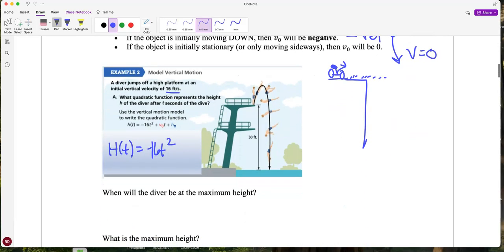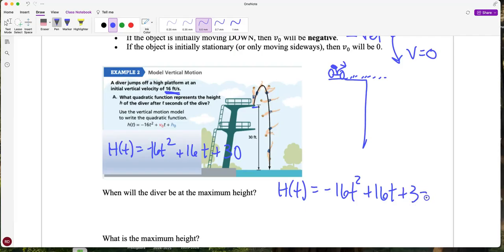So negative 16t squared. The initial velocity is 16 feet, so plus 16t, and the initial height right here is 30 feet. So there's my function. h of t equals negative 16t squared plus 16t plus 30. Okay.